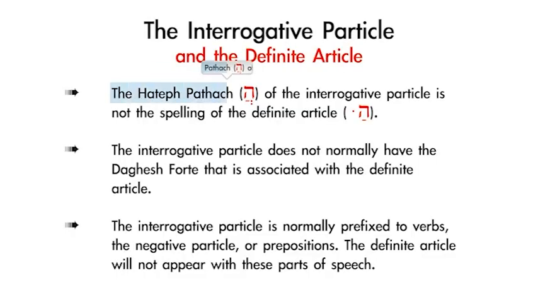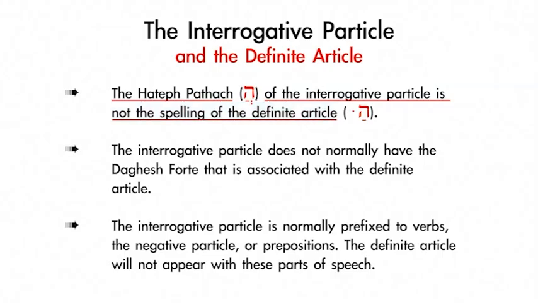Now, because the hey of the interrogative particle is similar to the hey of the definite article, we want to consider the distinct spelling differences. First, the hatef patach of the interrogative particle is not the spelling of the definite article, which consists of hey, patach, and dagesh forte. Remember that dagesh forte is an important part of the spelling of the definite article.